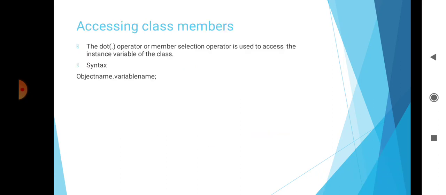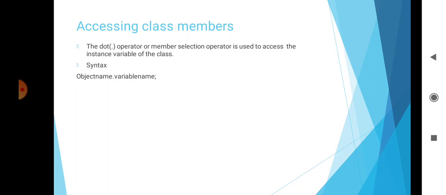Then accessing class members. The dot operator, or member selection operator, is used to access the instance variable of the class. For example, the syntax: object name dot variable name. This is accessing class members. It is used to access the instance variable.